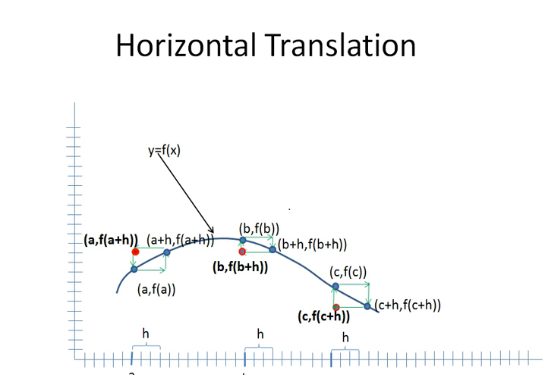Then we find (a, f(a+h)), (b, f(b+h)), and (c, f(c+h)) by completing each rectangle.